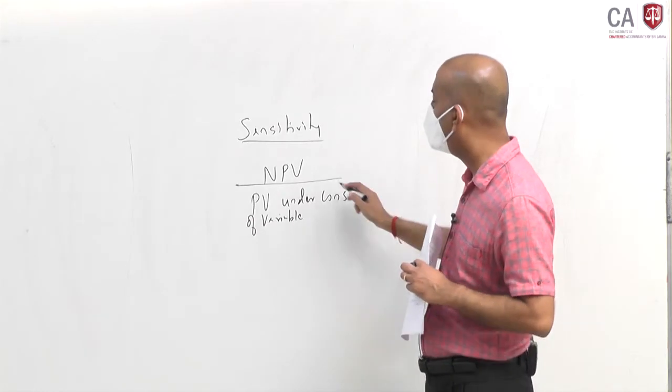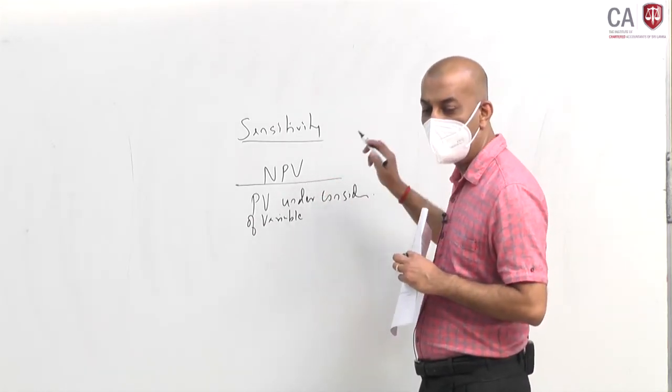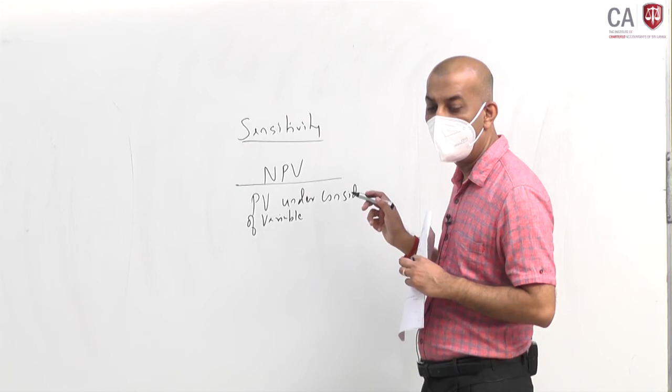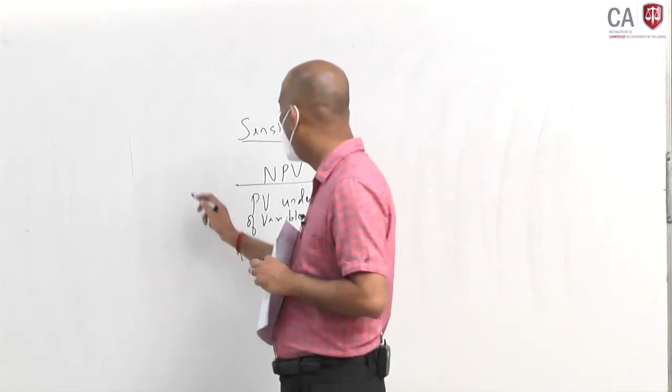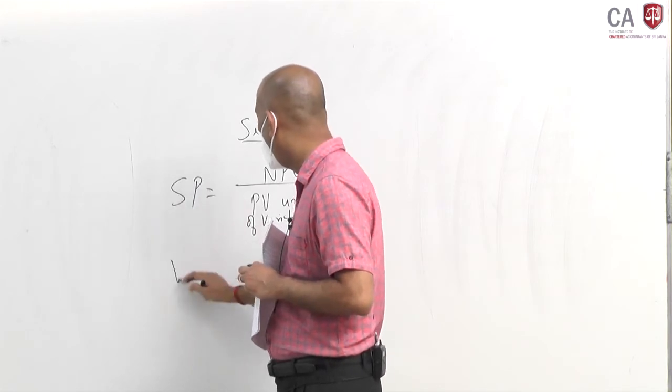So you need to find the NPV of the project and divide by the present value of the variable under consideration. We are talking about two variables, one is selling price, the other one is variable cost.